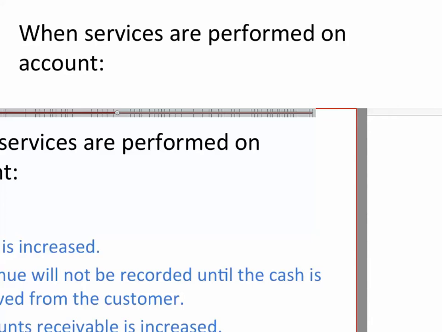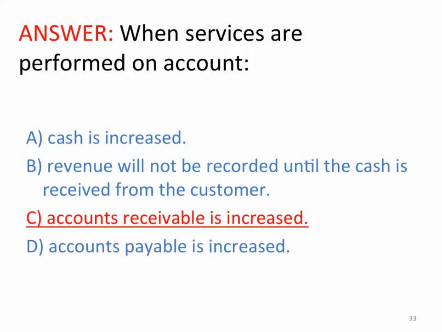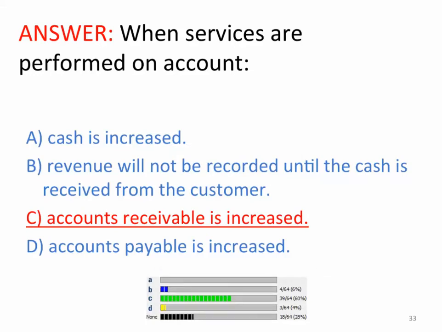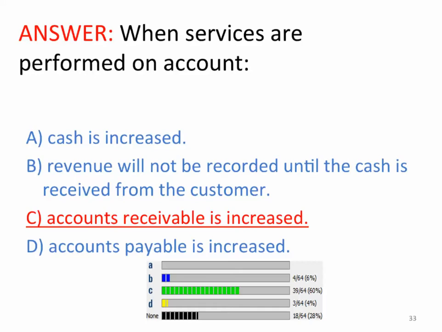So the answer is that accounts receivable is increased. Whenever you see on account, you have a good idea that the answer involves accounts receivable or accounts payable. So you have to think about, do you owe someone money, in which case it's a payable, or does someone owe you money, which is a receivable?